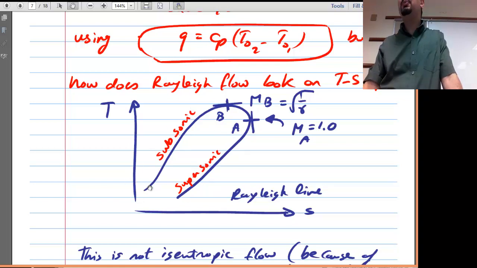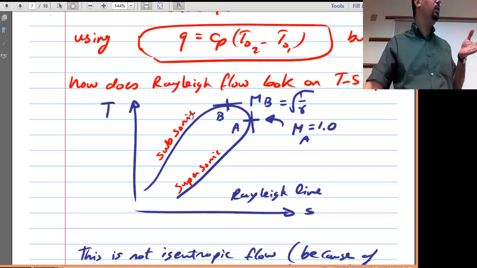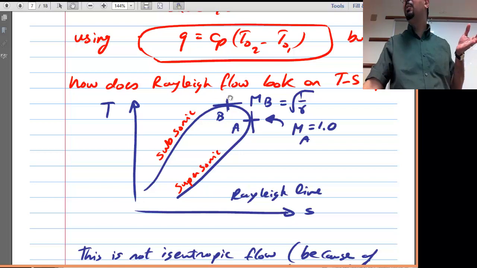So if I heat the subsonic flow, I'll go this way. That makes sense. The temperature is getting higher and higher because I'm heating. Oops, what happened here? You add Q and the temperature will drop because the entropy needs to increase, right?